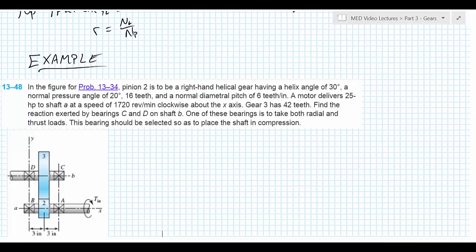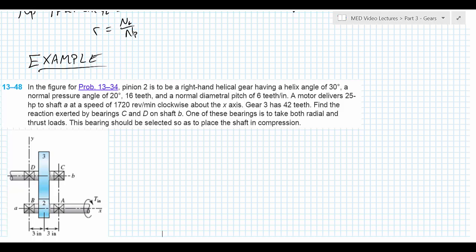This is a problem that builds on what we've had before, but instead of spur gears, now we're going to look at helical gears. Specifically, the issue we have to deal with in helical gears is, as well as radial forces, which we're going to need bearings to resist, we're also going to now have thrust loads, which our bearings are also going to need to be able to resist. It's important where we put those thrust bearings to make sure that we're keeping our shaft in compression.